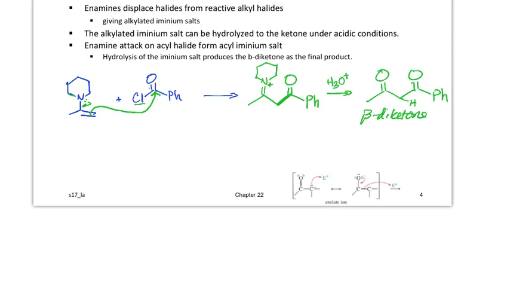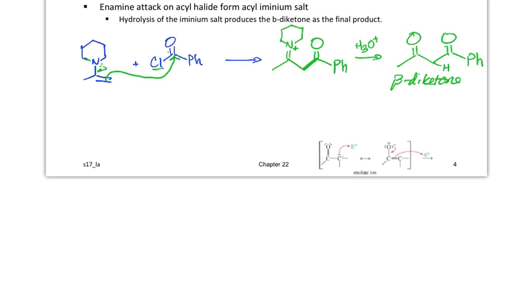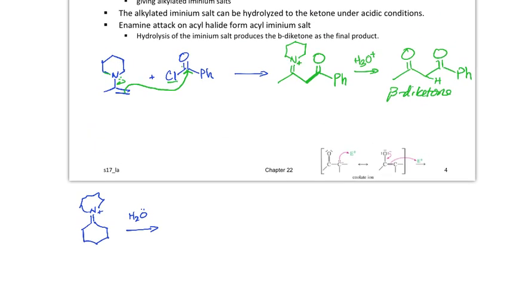So how does that last step work? Let's see if we can do the mechanism for this. So first of all, I'm just going to come down here. We've got our double bond N, 6-membered ring, 5-membered ring. I'm going to go back to this one. And I'm going to have water that was present as part of our workup above. That's going to attack that carbon and push electrons up to the nitrogen.